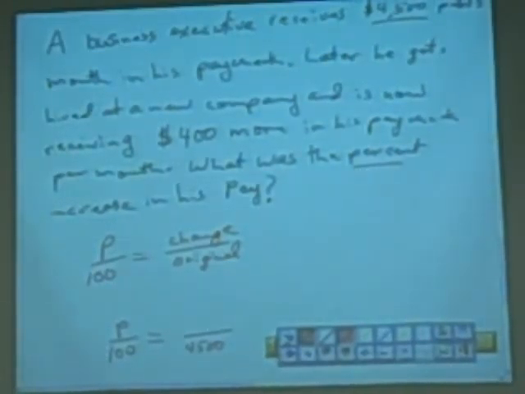So what is that? It's the change, right? So we're going to put that directly in there, because this time we know what the change is. Last time we had to figure it out, but this time we know it.